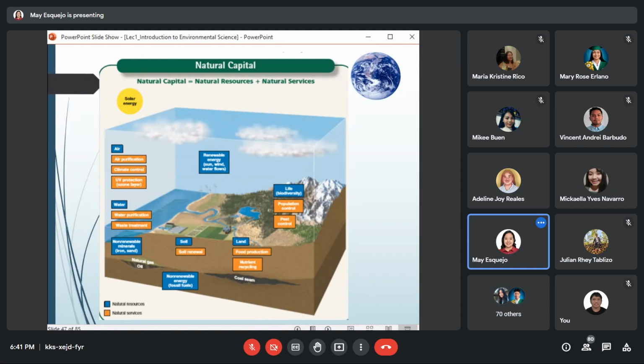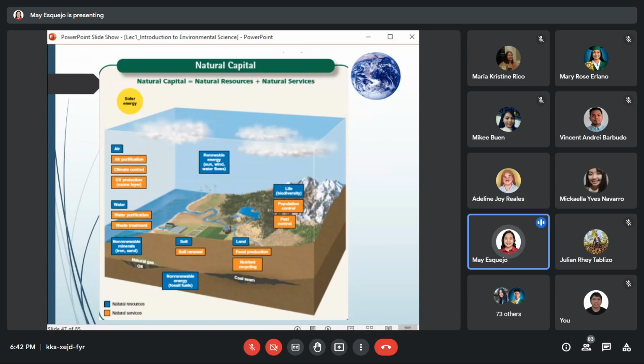Examples of resources, we have the air, water, the non-renewable, and then the renewable. We have the soil, the land, and then biodiversity or life. We also have the services like air purification, the climate control, the UV protection, water purification. We have also the waste treatment, population control, and so much more.